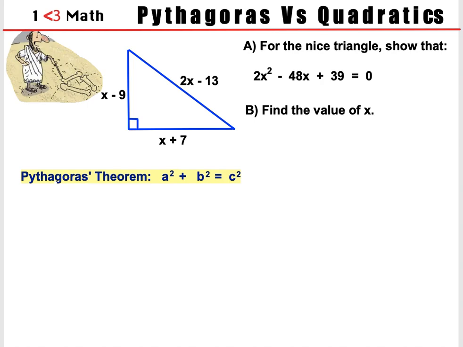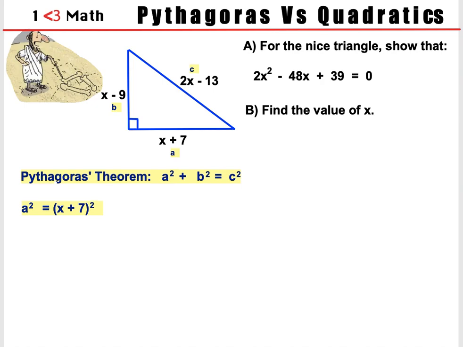Now, what we need to do is square the expressions for sides C, B, and A. So we'll have a go at squaring these expressions and we'll see where it leads us. So A squared is going to be x plus 7 in brackets squared.